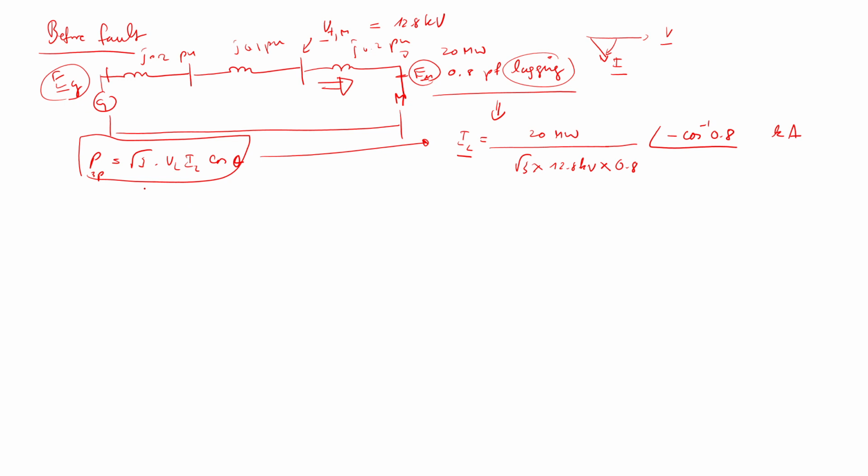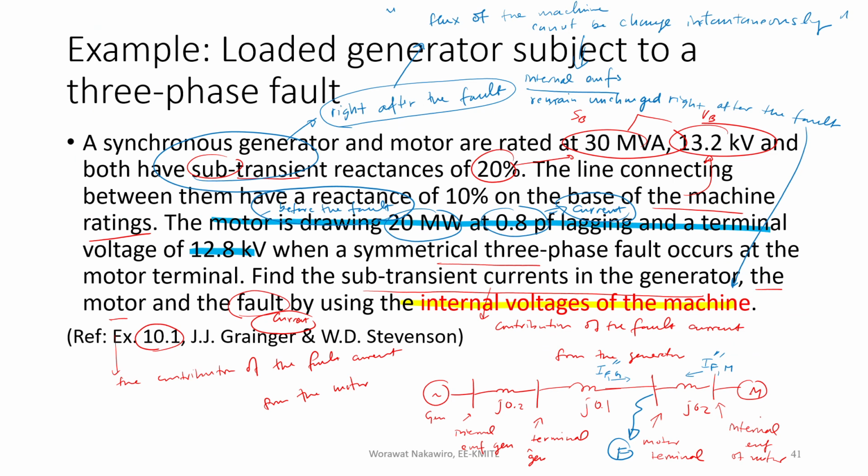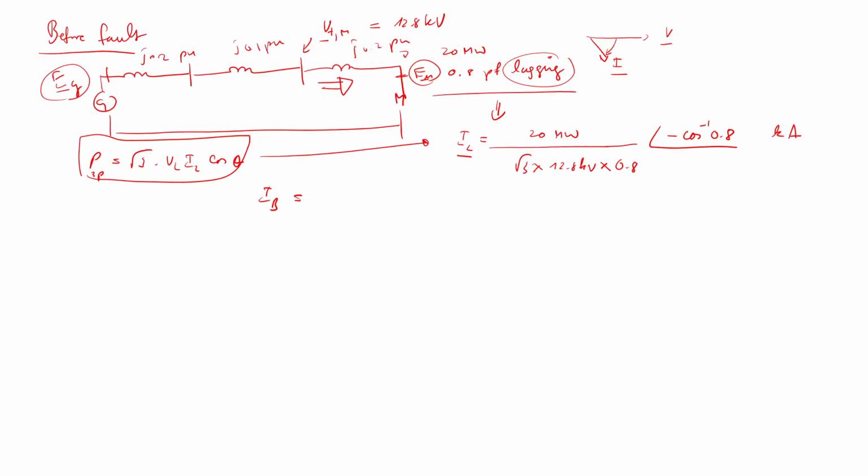So remember, you have to convert this to per unit. So you need your I base. The I base, the common base, as this problem states, is that the reactances are based on the rating of the machines, right?